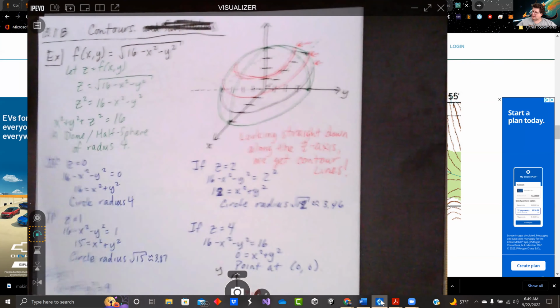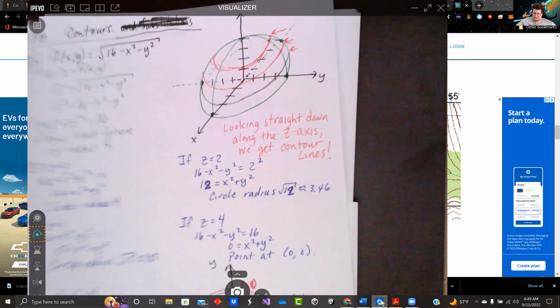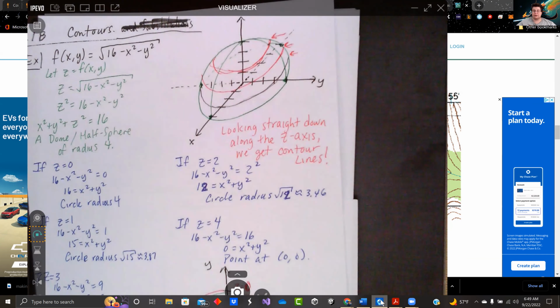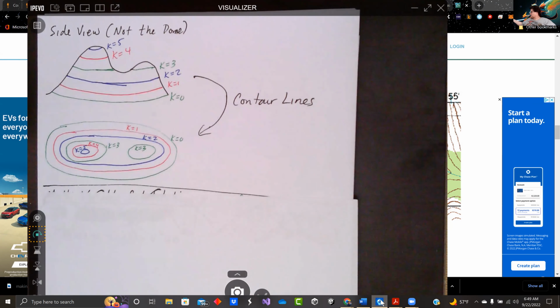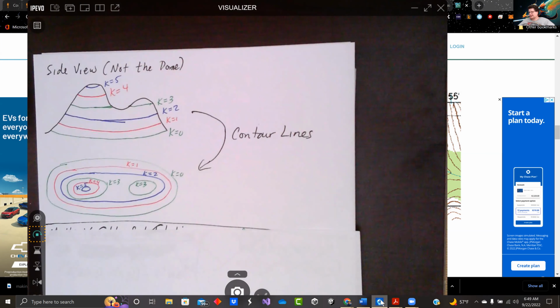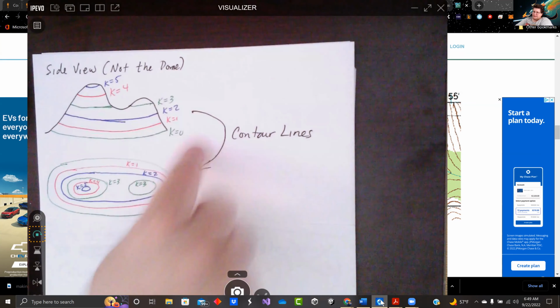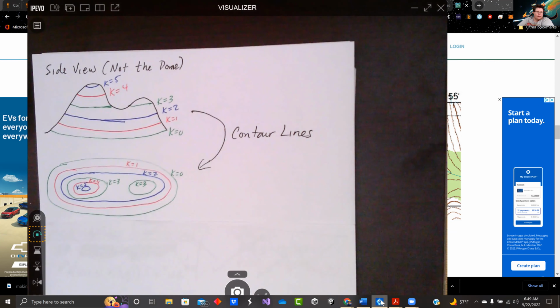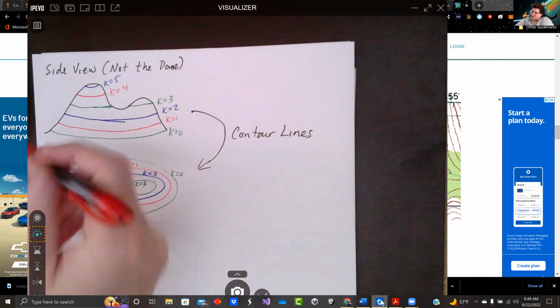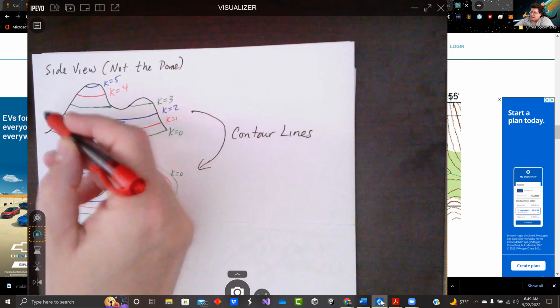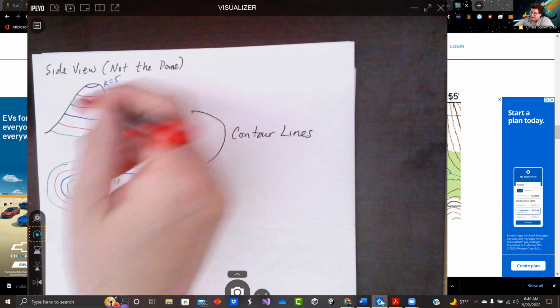So let's take a look at a different way of looking at contour lines without a graph. We didn't have a function for this one right here. I just drew a mountain range kind of image. It's of course a little cartoony for a mountain range because it's not jagged or anything like that. But what you do is you just make lines as you're going up and you depict them below.